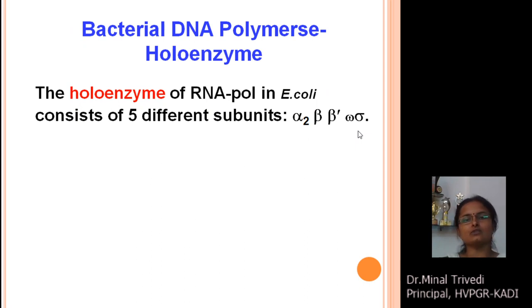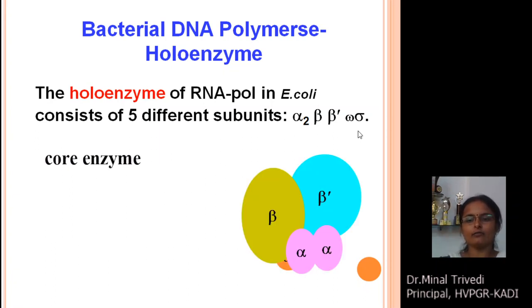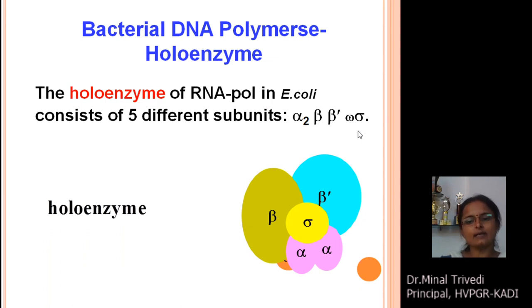If we see the structure of the bacterial RNA polymerase holoenzyme, the enzyme consists of 5 different subunits: 2 subunits of alpha, 1 subunit of beta, and 1 subunit of beta prime, that make up the core enzyme. And to this core enzyme, sigma factor associates, and this converts it into the holoenzyme.